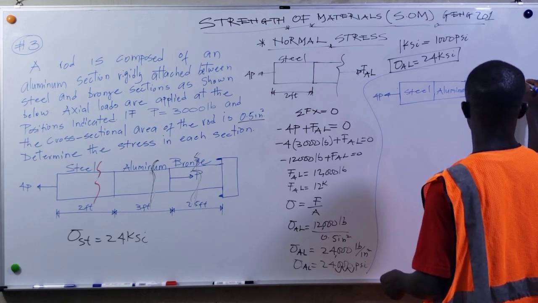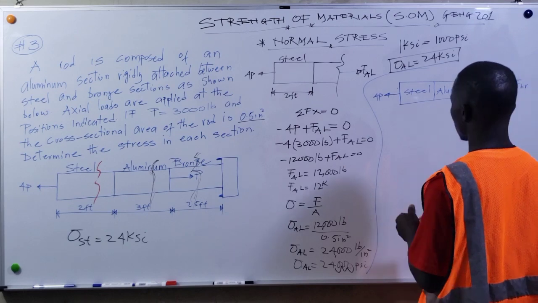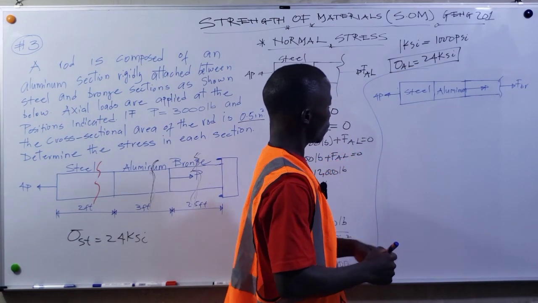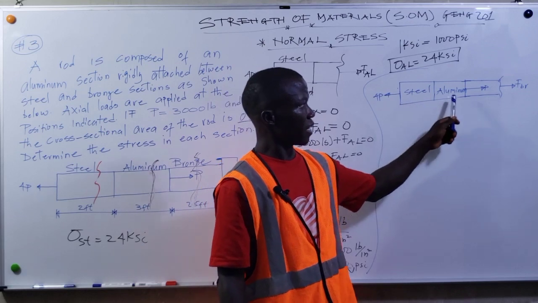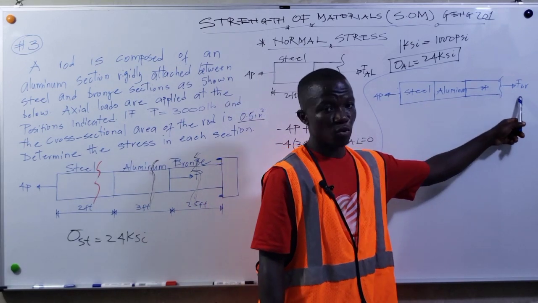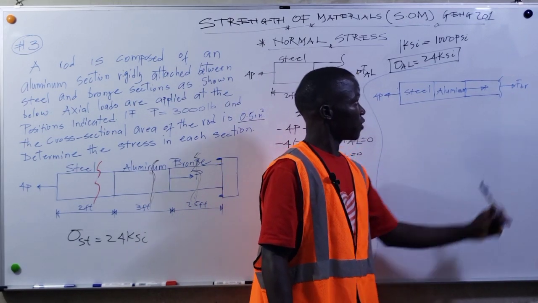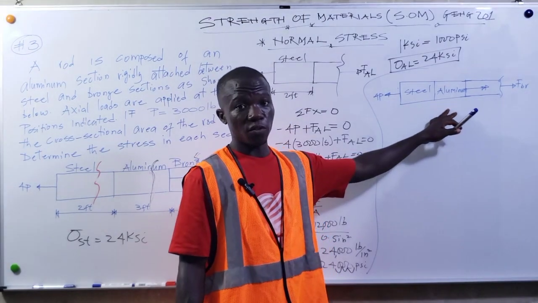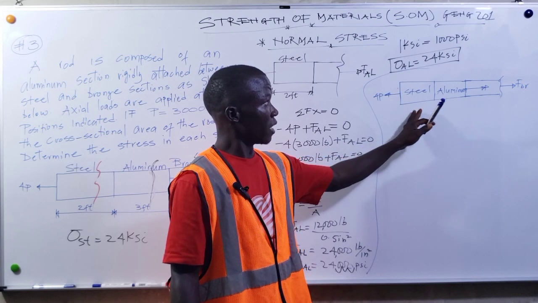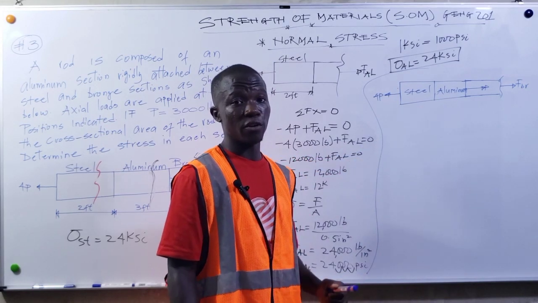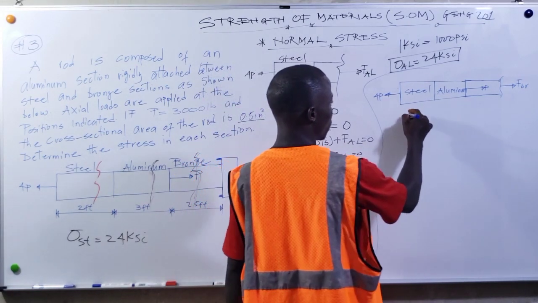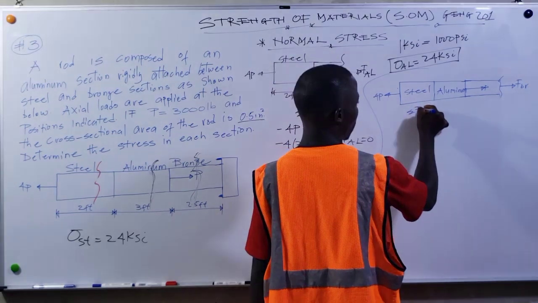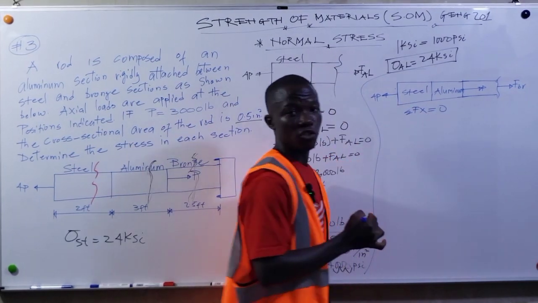This is the force within the brooms. So this is the steel section, the aluminium section, and the brooms section. So in order to find the stress within the brooms, we have to find the force that makes this bar in equilibrium. So we got the summation of F of x is equal to 0.